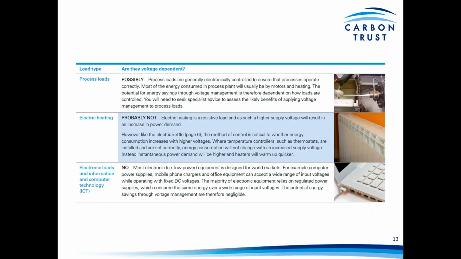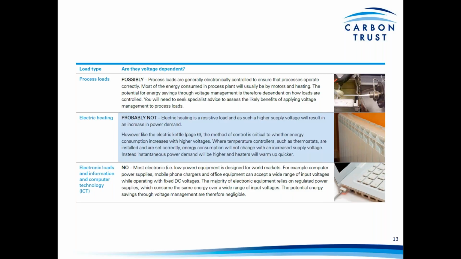Another thing to look at would be process loads, which can be voltage dependent. They are generally electronically controlled, and this is normally to ensure that the processes operate correctly. So most of the energy consumed in process plant will tend to be for motors and heating.